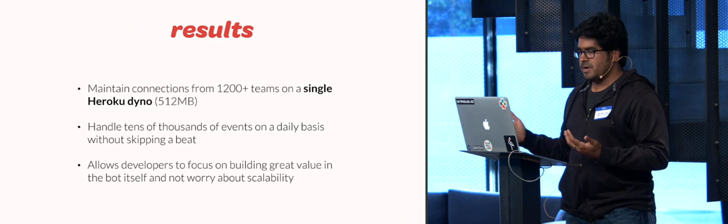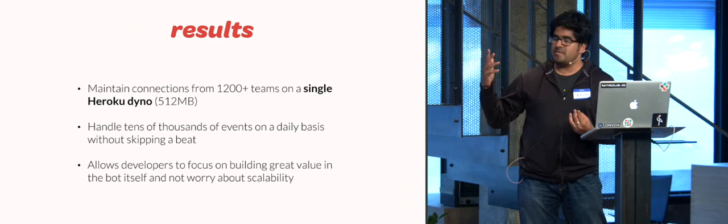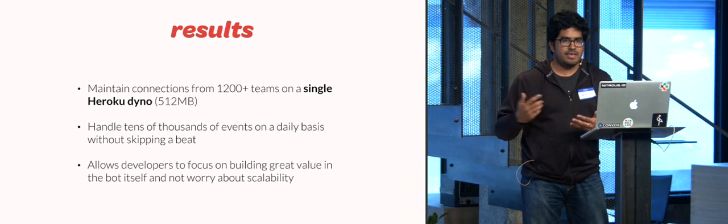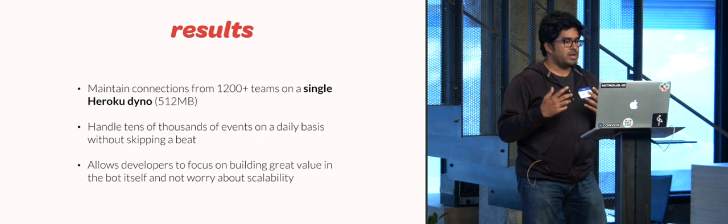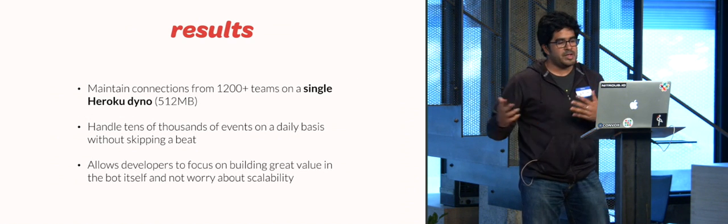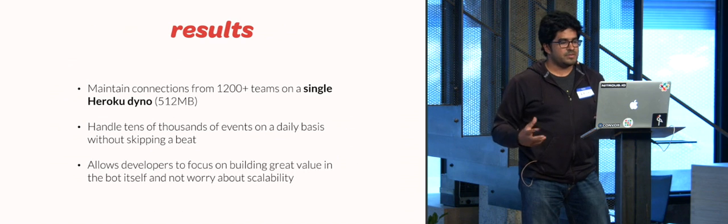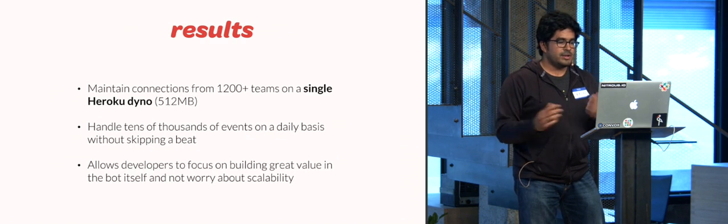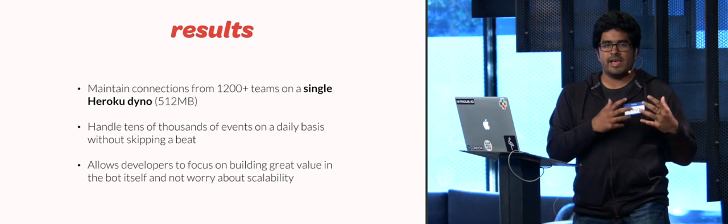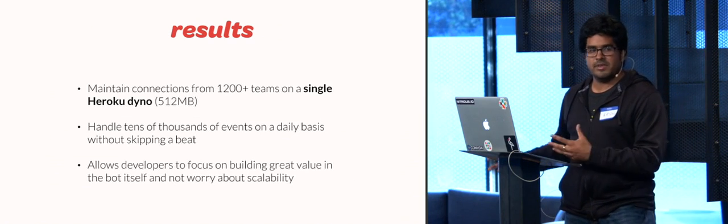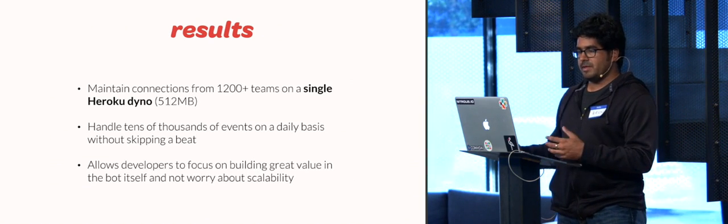The actual number of events isn't that high in the grand scheme of things, but not having to worry about that stuff without spending too much time or money investing in that infrastructure is pretty great. And it also allows me, as well as other developers using it, to focus on building value within the bot itself and not having to worry about the scalability part of it.